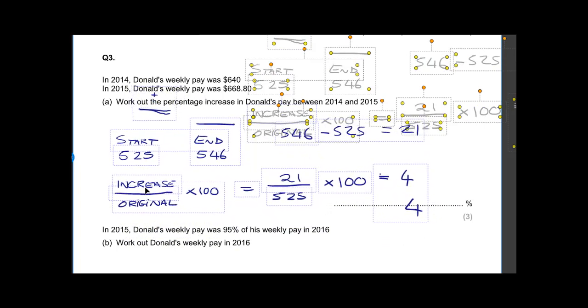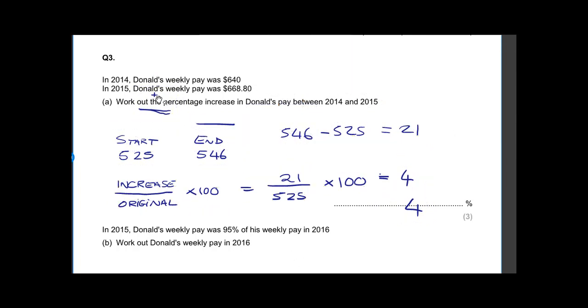So it's an increase of, you know, we can just go ahead. So we just fill it in.